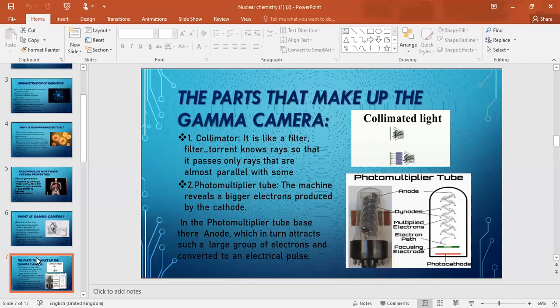In the photomultiplier tube base there is an anode, which in turn attracts such a large group of electrons and converts them into an electrical pulse. For example, this is the collimator, and this is the photomultiplier tube shape. This is the anode and dynodes, multiple electrons, electron path and focusing electrode.